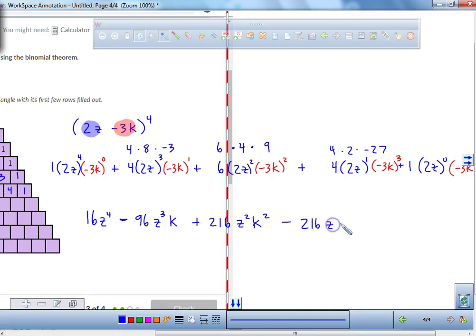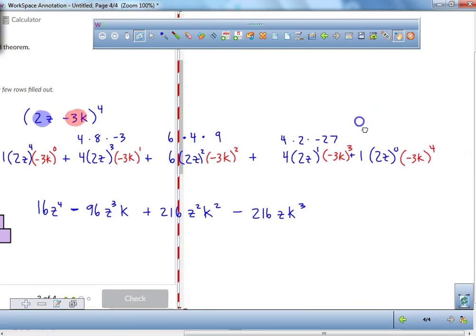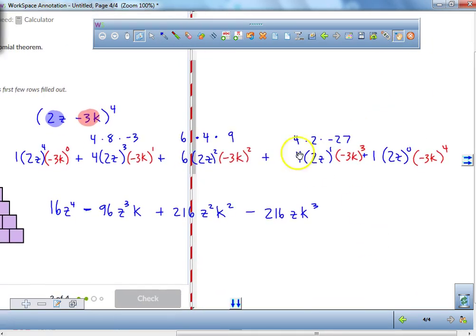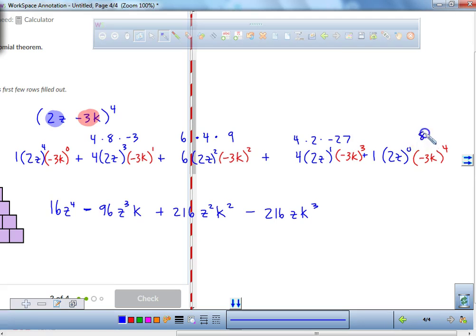So we have z to the first and k to the power of 3. And finally, at the end, we have negative 3 all the way to the power of 4. That's going to get us a total of 81, so plus 81 k to the 4. And there's your final answer.